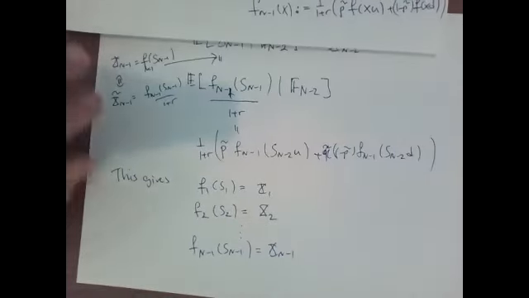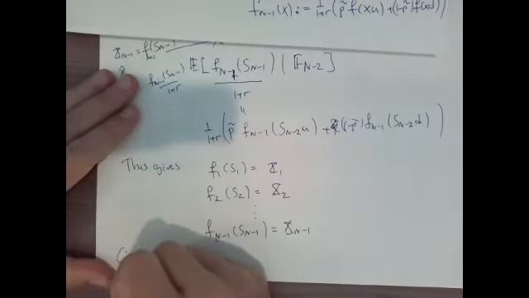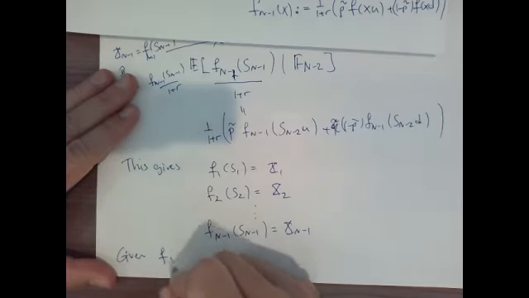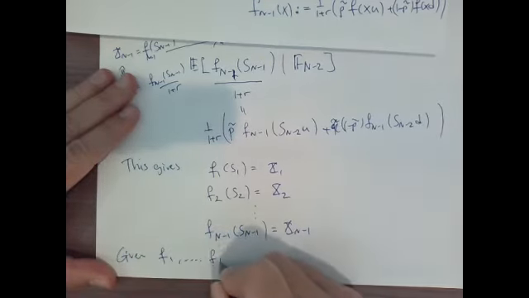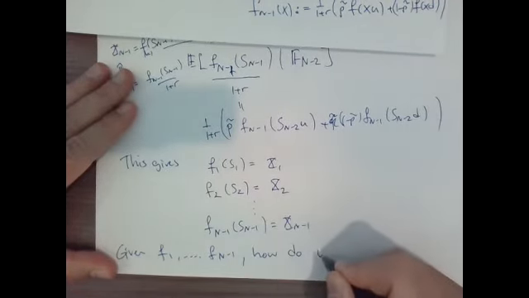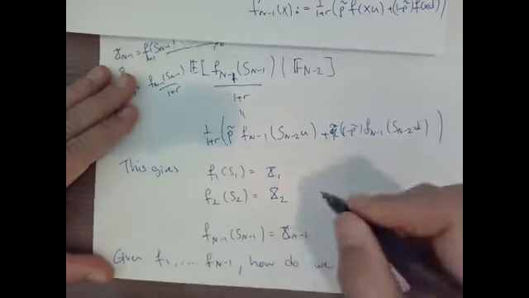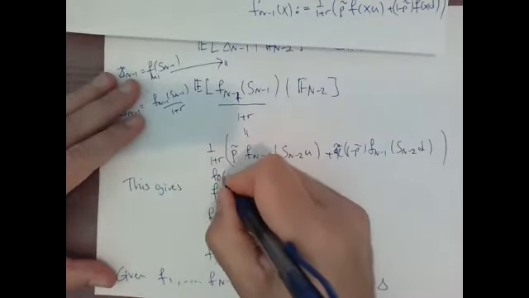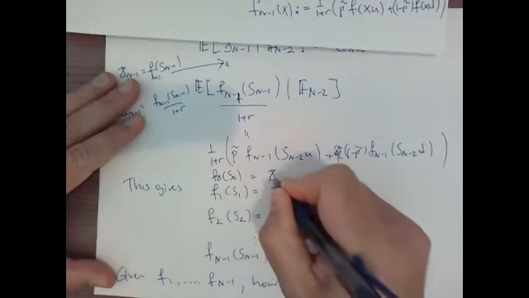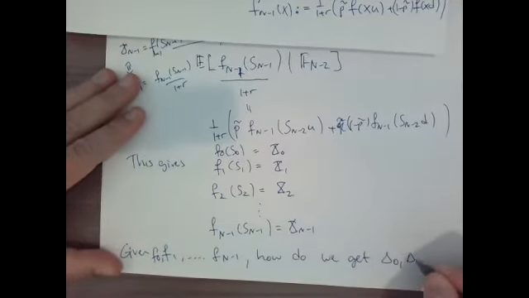So given these functions, given F_1 up to F_{n-1}, and there's also an F_0 here, how do we get the investment strategies?